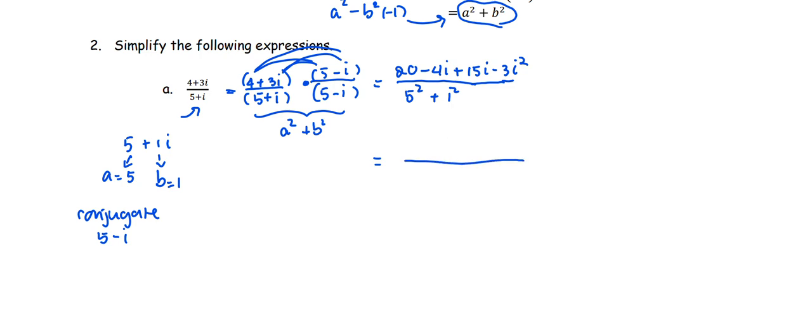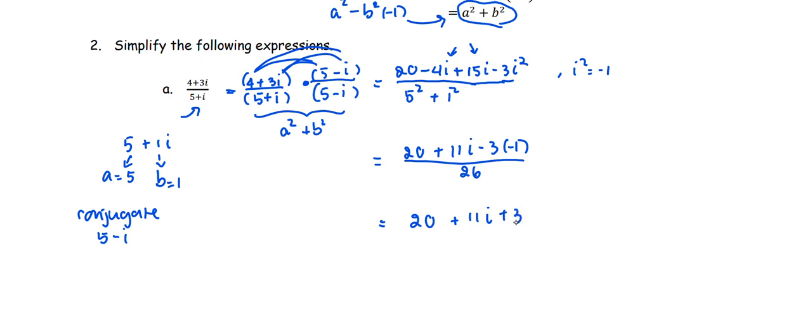The denominator becomes 25 plus 1, or 26. Numerator 20. The two terms in the middle simplify to be positive 11i. The last term becomes negative 3 times negative 1. Recall i squared is negative 1. And then clean up the numerator.